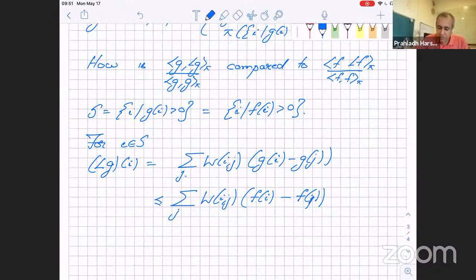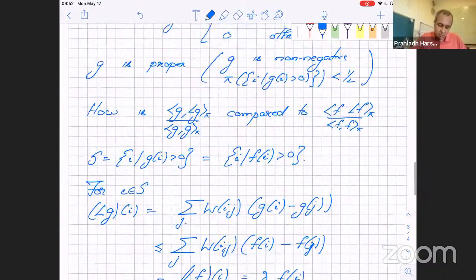Term by term, each term is true, but this is exactly L f of i, which we know is lambda 2 times f(i). Okay, I have to change the proof a little bit.